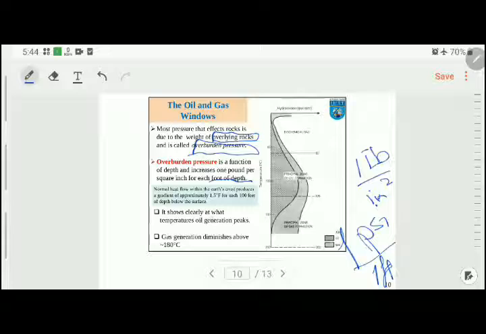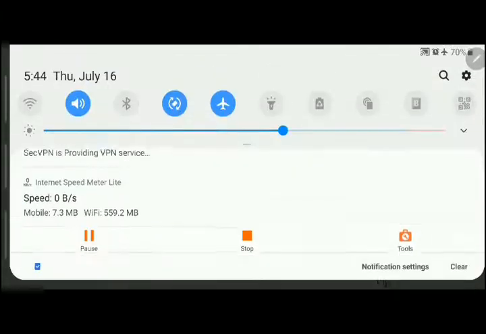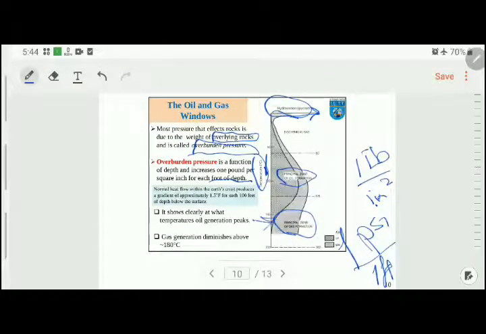It shows clearly at what temperature oil generation peaks. Here we have the hydrocarbons percent and the temperature in Celsius. As the temperature increases, we pass through the oil and gas windows. Here we have the principal zone of oil formation because the temperature is still low, and we have the gas formation here because the temperature increased to a high level.